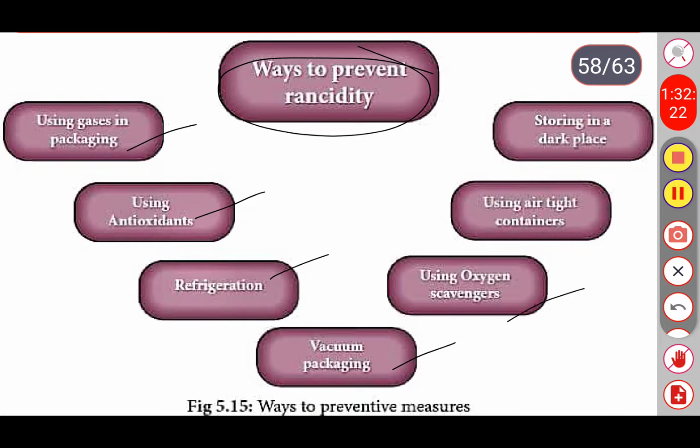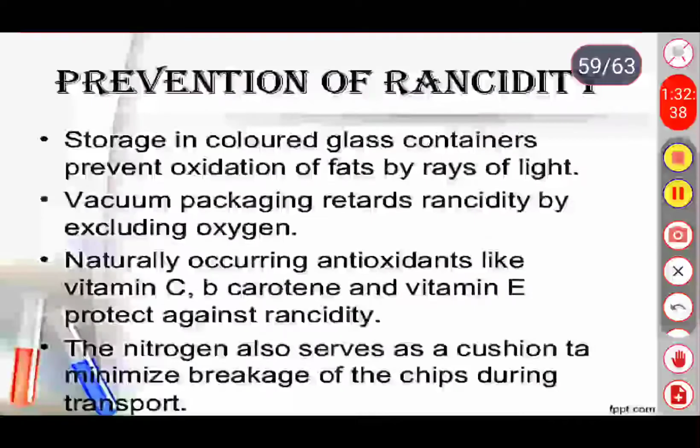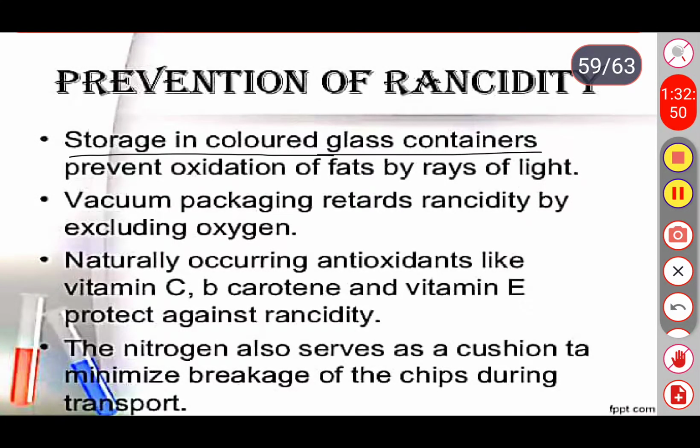Okay, some more points are given here on the prevention of rancidity. See one by one. Storage in colored glass containers prevents the oxidation of fats by rays of light. Second one, vacuum packing retards rancidity by excluding oxygen, which means removing oxygen.